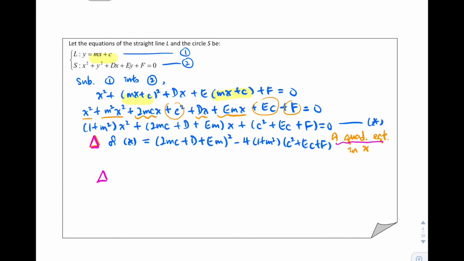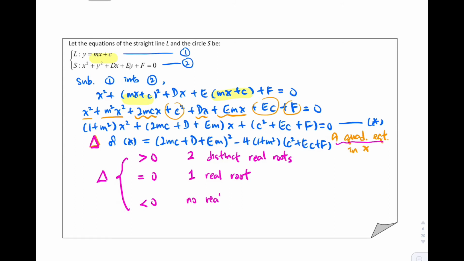And for the discriminant, when the discriminant is greater than 0, then there are two distinct real roots. And for discriminant equals 0, there is one real root. And when the discriminant is less than 0, there is no real root.